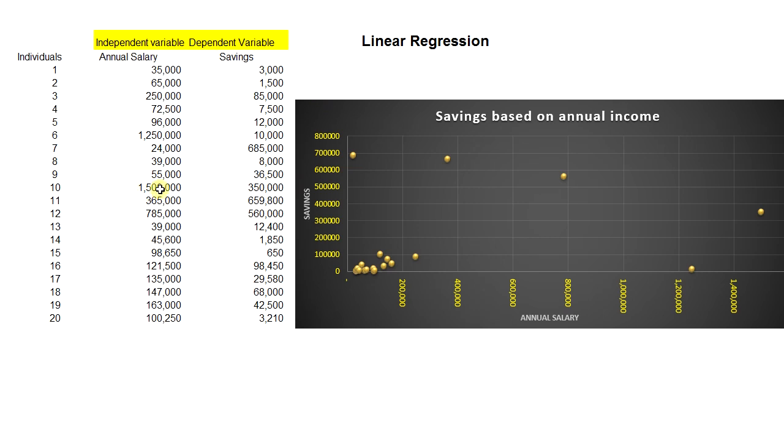You can see, for example, here the individual is earning quite high. It's 1.5 million per year, and the savings is $350,000. And again, here you can see someone earning $24,000 a year, but the savings is quite high. Of course, it doesn't mean that when your salary is going down, your savings are going down.